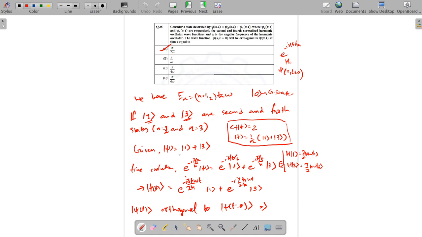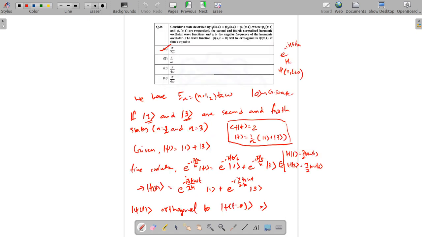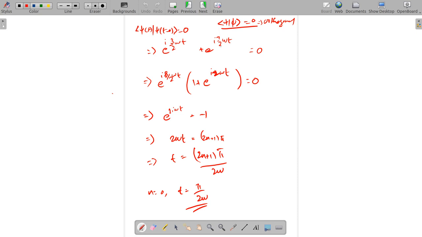So what you will get? Your psi 0 is just ket 1 plus ket 3, and your psi t is this. So if you take the bra of psi 0 and act it on psi of t, then you will get basically this particular factor e to the power minus i 3 by 2 omega t. ħ is cancelled off here, and you will get e to the power minus i 7 by 2 omega t, that also.